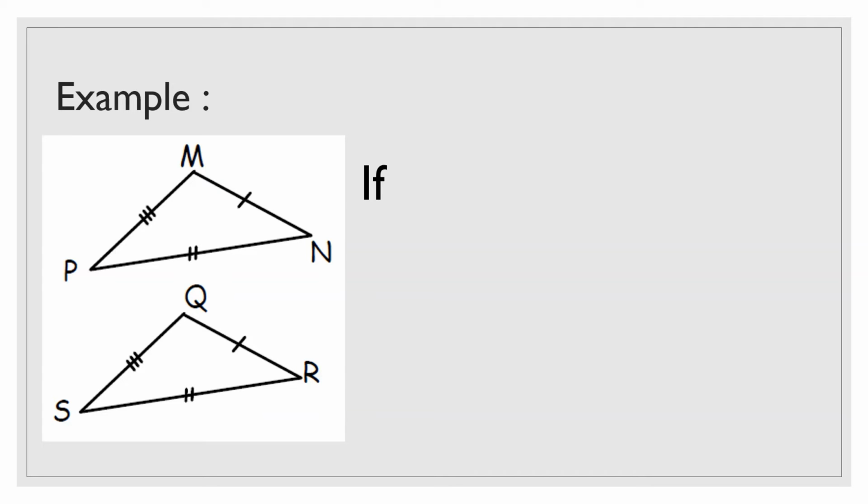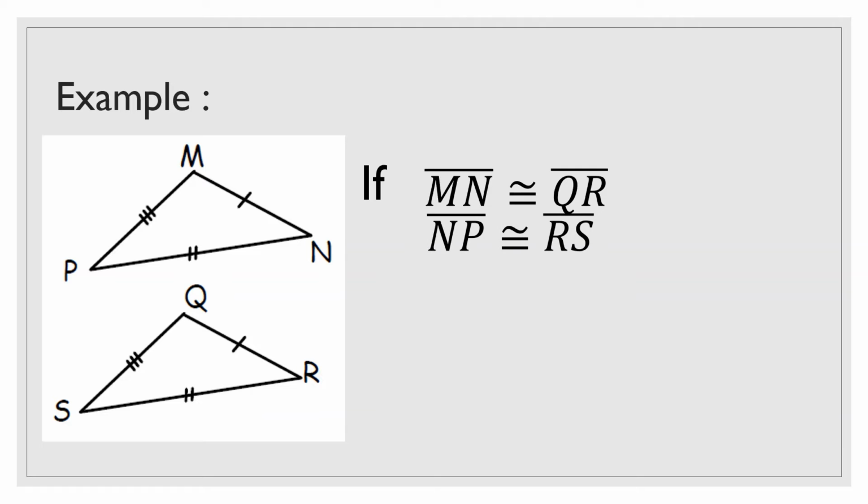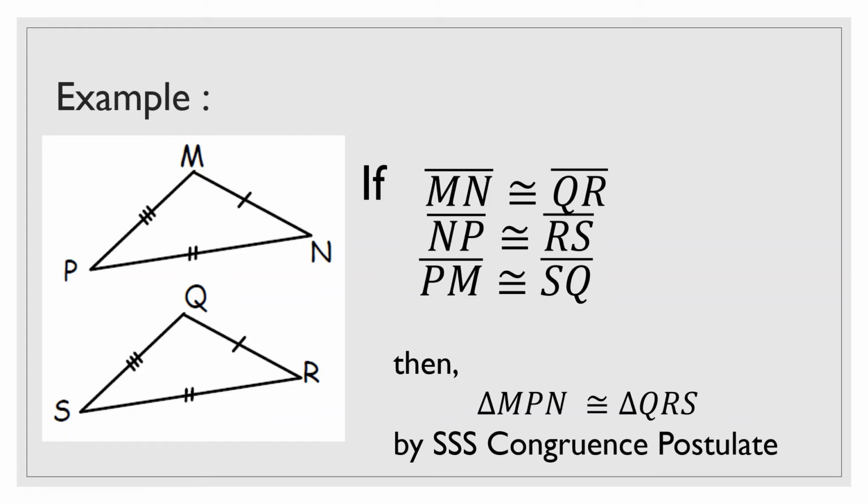For example, using the figure, makikita natin that using tick marks, we can show the corresponding congruent sides. So, if side MN is congruent to QR, side NP congruent to RS, and side PM congruent to side SQ, then we can now say that the two triangles are congruent.